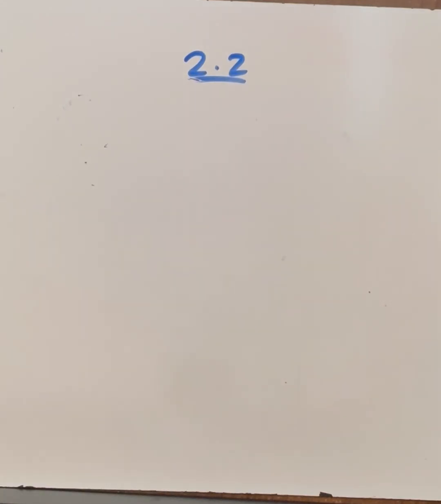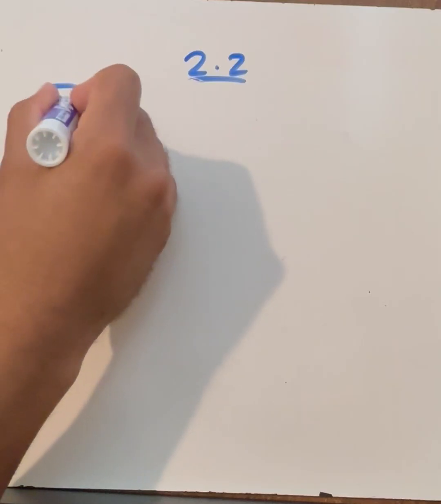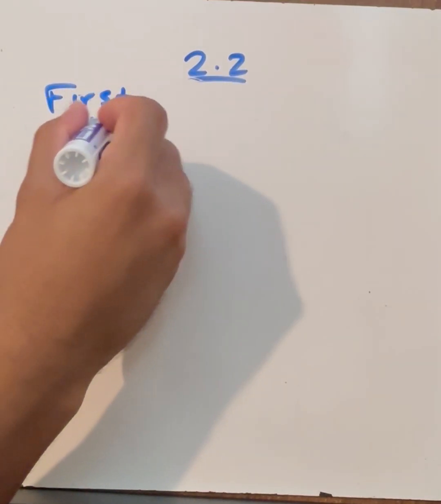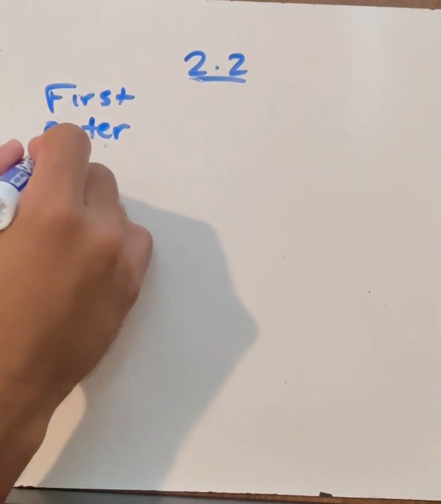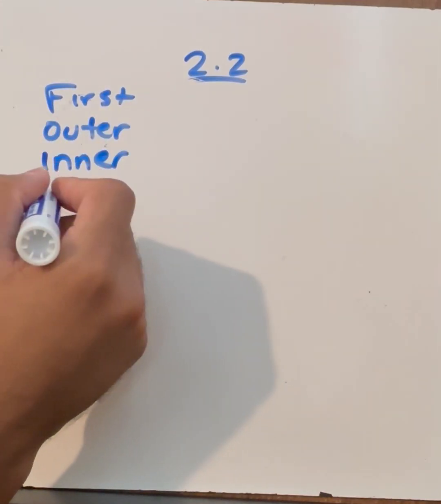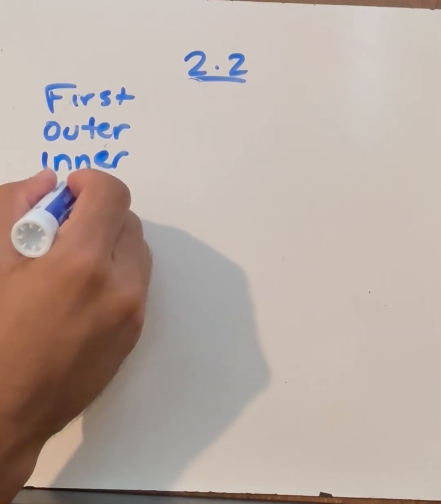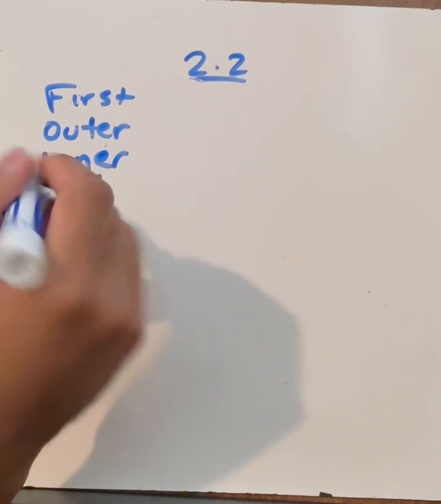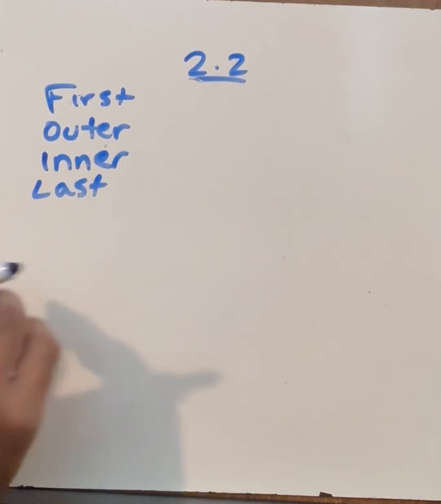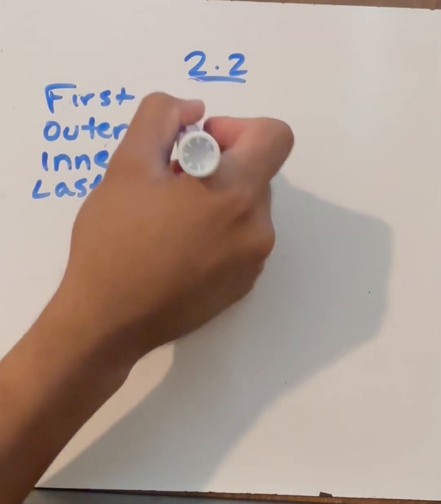FOIL stands for first, so you multiply the first numbers, then the outer numbers, then the inner numbers, the numbers on the inside of both polynomials, and last, you multiply the last numbers in both polynomials. It's really nice and helps make multiplying a lot faster.